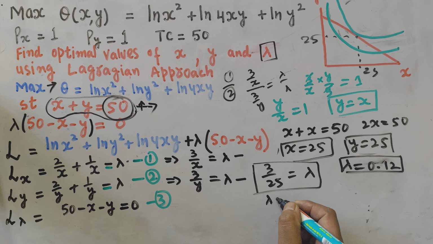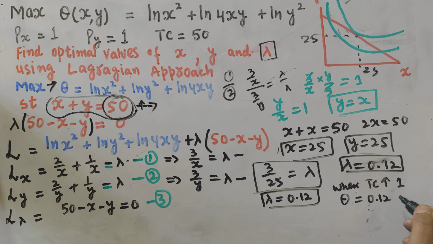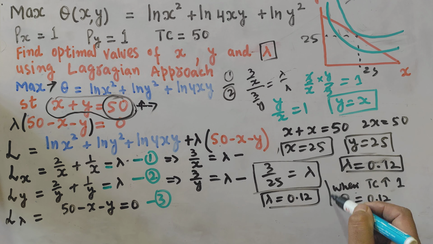Okay, so lambda is equal to 0.12 simply tells us that when cost, in this case, increases by 1, when total cost increases by $1, that means output will increase by 0.12. I hope this is the interpretation of the lambda.